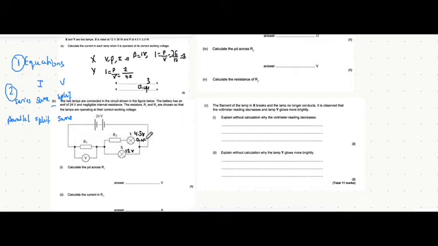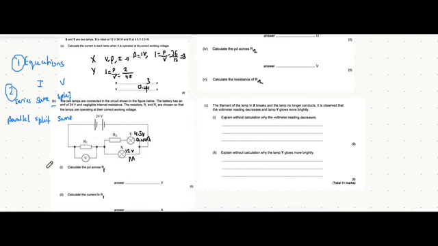So 0.44 amps, and this one is 3 amps. Now it's asking for the PD across R1 to start with. I'm just going to rewrite these out. Okay, so the potential difference across R1.